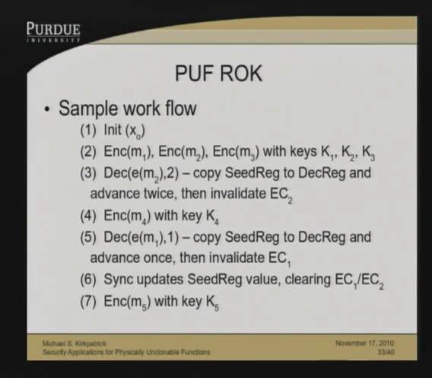And what this does is it prevents you from having to go back to the initial X value that you used. Because once you've generated 50 keys, you don't want to have to go back to this initial seed value of X and advance the puff 50 times to get things synchronized. Instead, you would advance the seed register at certain key points. Again, we don't have enough time for going into the details there.